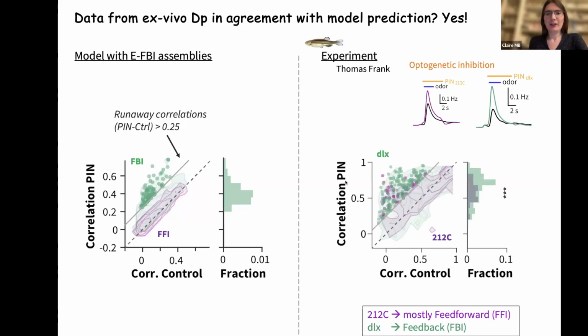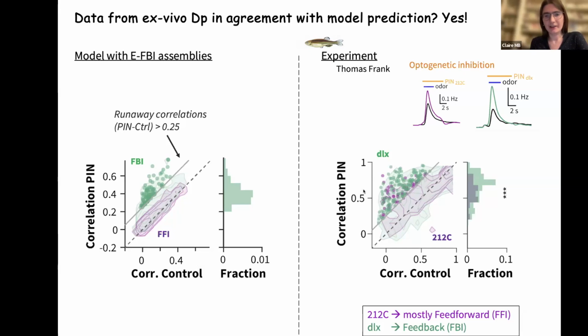To do this, Thomas Frank optogenetically manipulated either the DLX positive neurons, which are the feedback neurons, or the 212C positive neurons, which would correspond to our feed-forward population. And as expected, he also saw increased firing during partial inactivation of these inhibitory neurons.